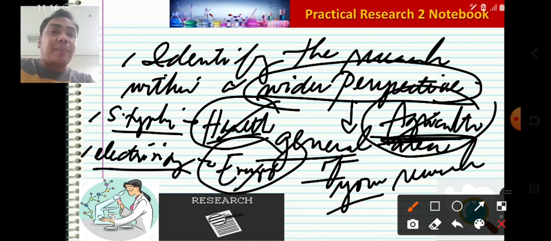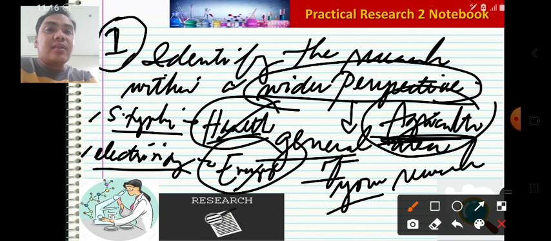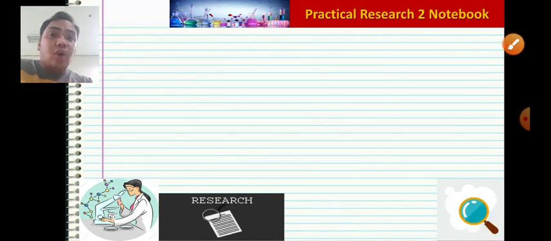So that's the first step: identify the wider perspective or the general area of your research. Okay? So let's have the second step. Establishing a territory. What do we mean by establishing a territory? How will we establish our territory?